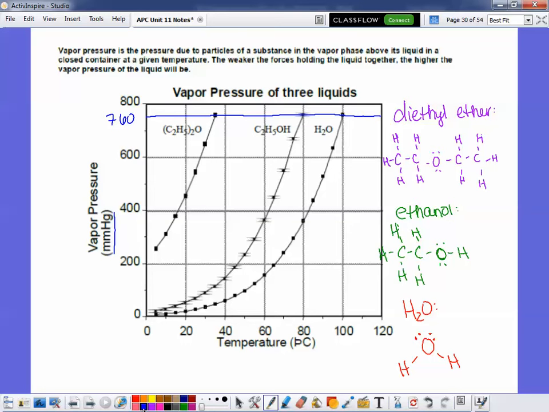What type of intermolecular force will diethyl ether experience with another diethyl ether? Well, you're right. All of them are going to experience London dispersion forces, but is that the strongest force? Why is it not hydrogen bonding?